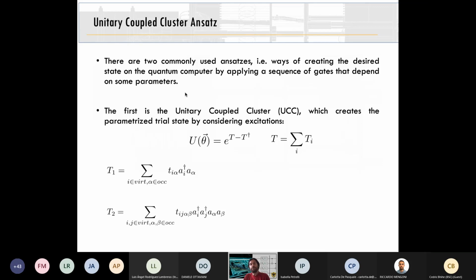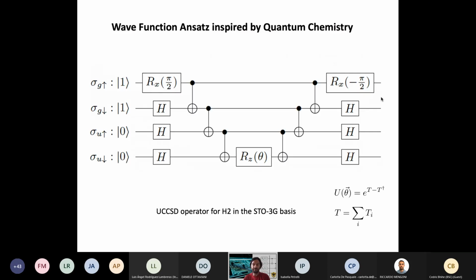One example of a quantum chemistry inspired wave function is represented by unitary coupled cluster. I don't want to go into the details of this wave function, but just to say that you can sometimes have the perfect translation on your circuit of some classical theory.